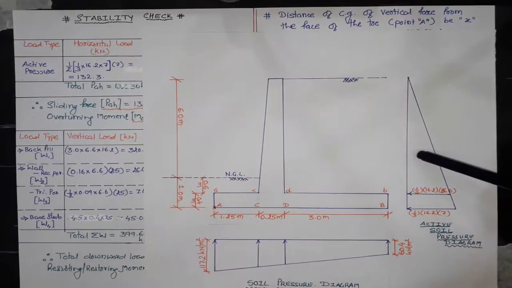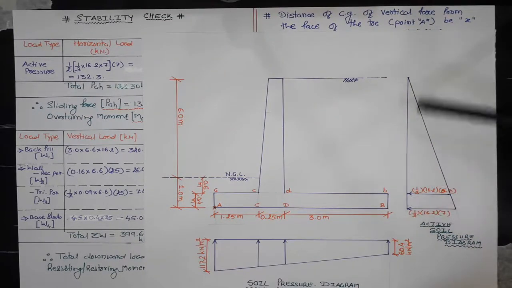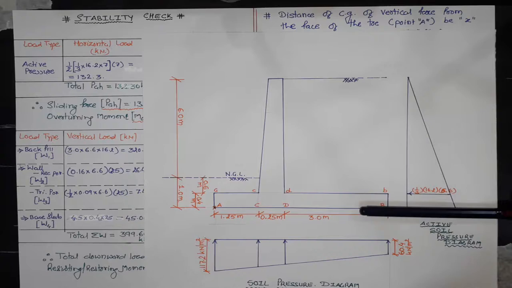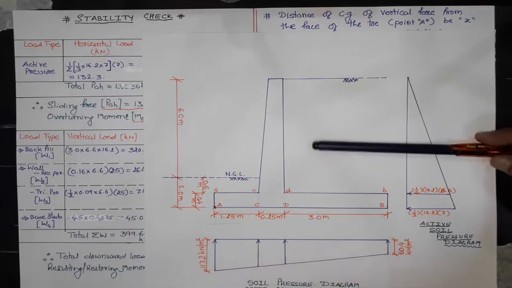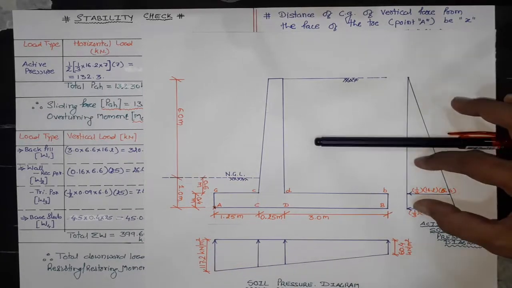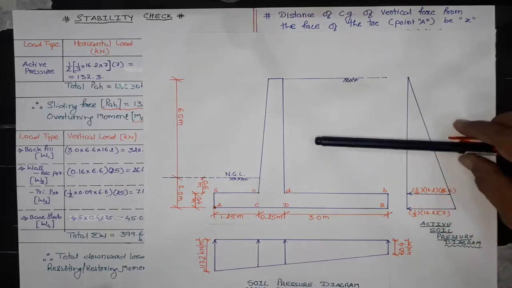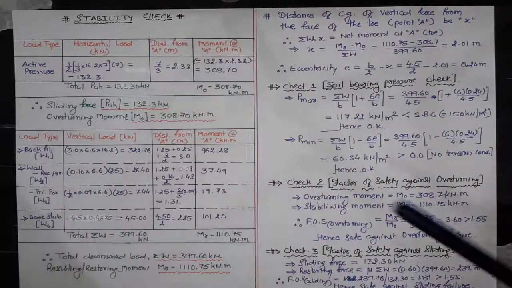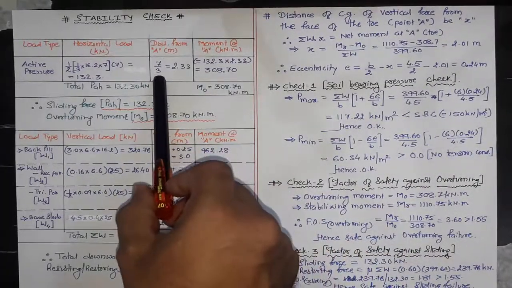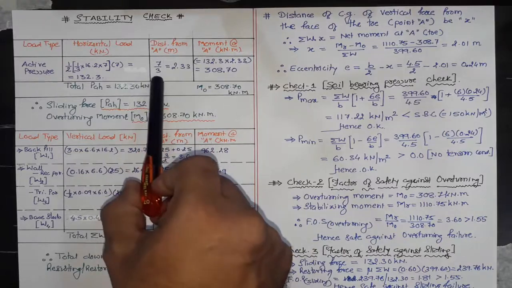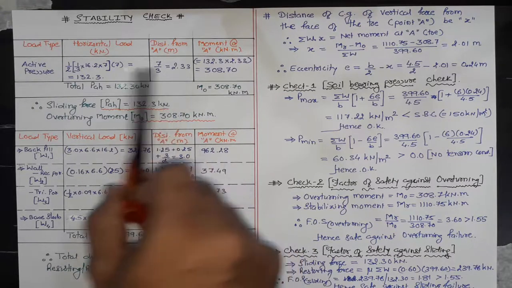The CG point of this triangle is at a distance of h by 3 from base. The distance from point A is h by 3, that is 7 by 3, which is 2.33.